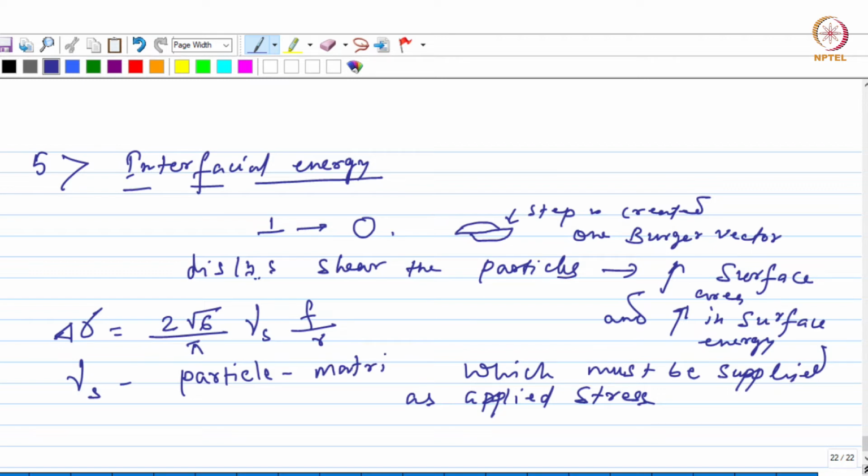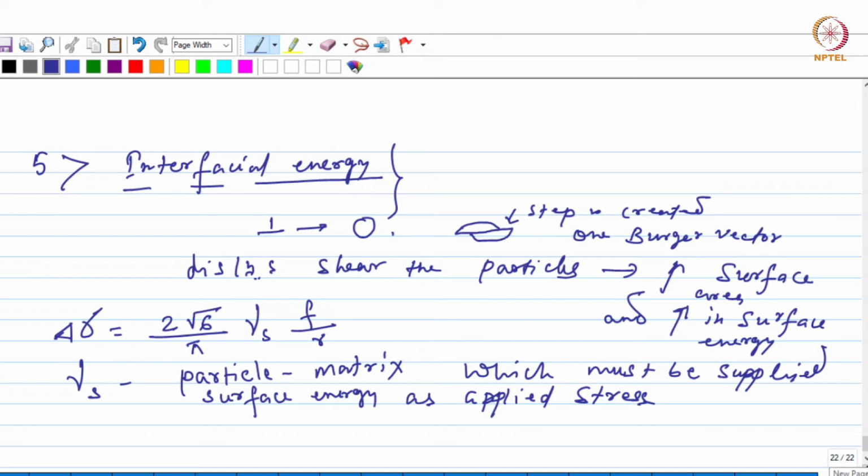And the other terms we have already defined before. Right, so the entire strengthening here comes from this particle-matrix interfacial energy, and that is why the mechanism is named as such.